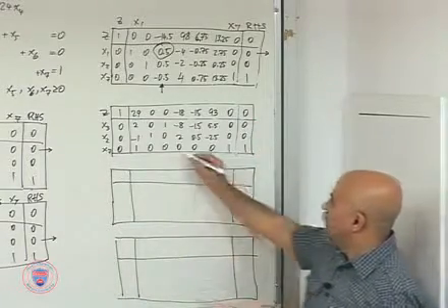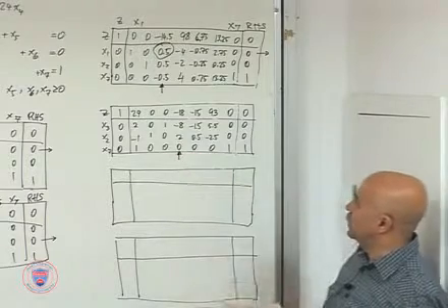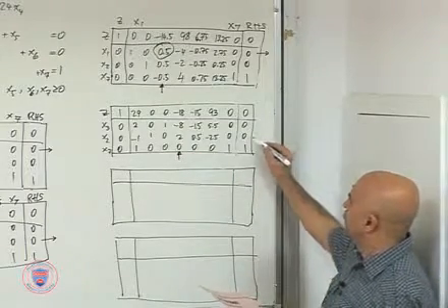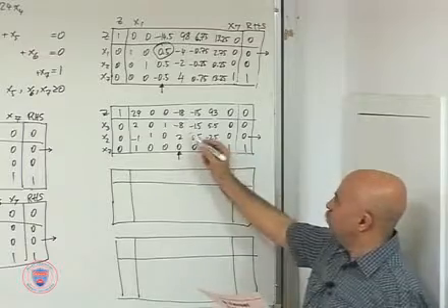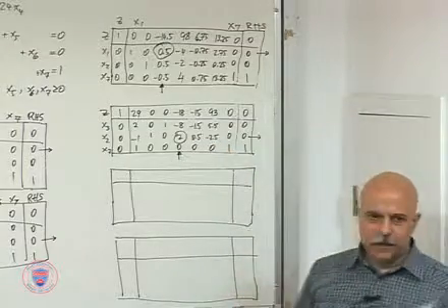Okay, again, we go with the most negative. That one is the qualifying one, and you pivot on that element.